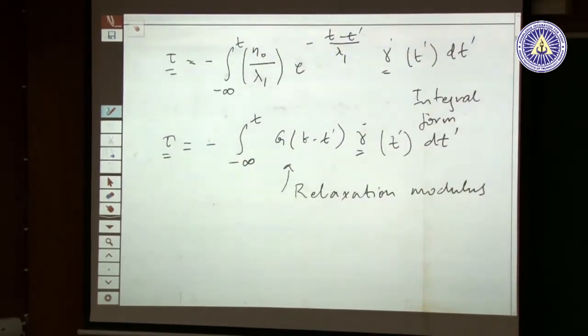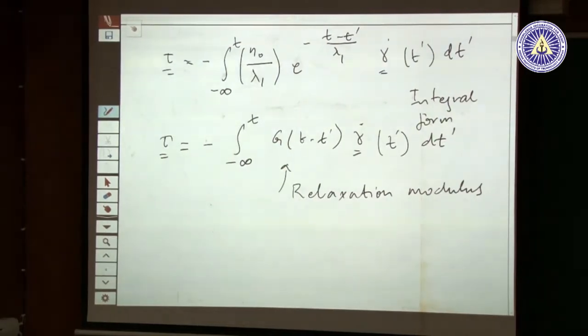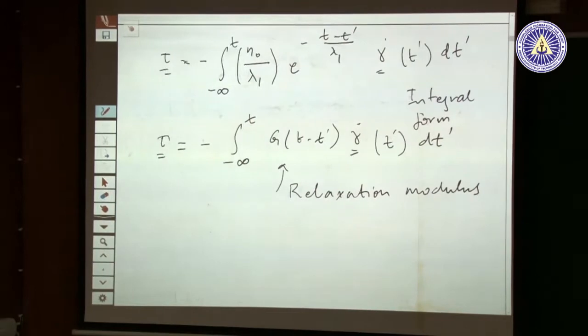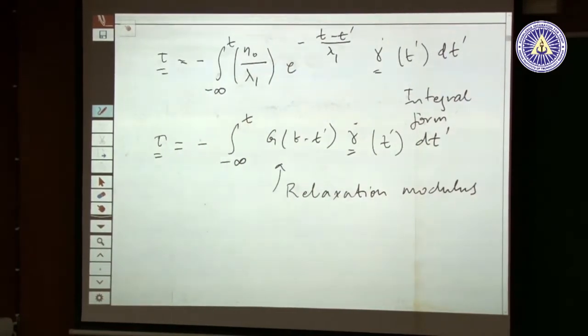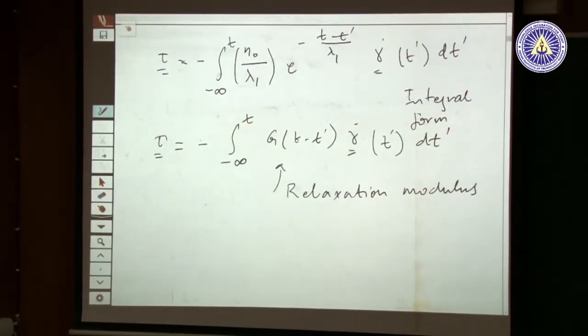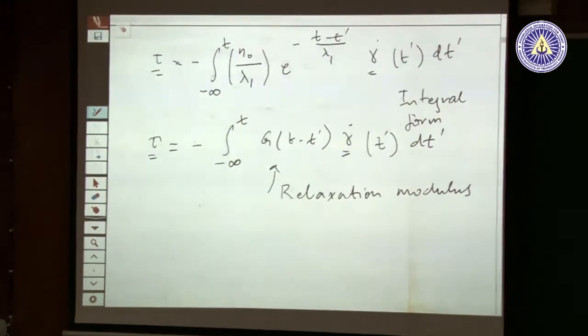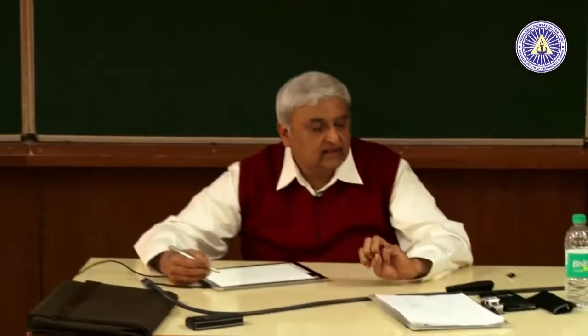There are various versions. I guess lambda could be related to the strength of the spring or the dashpot in some sense, no? Eta over lambda is the elastic modulus, right? So that means the spring stiffness is going to 0 when lambda goes to 0.